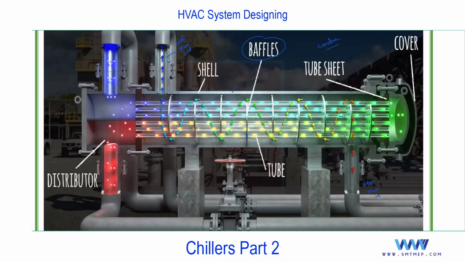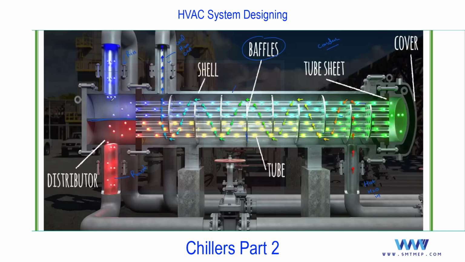So water goes in and out in the shell, and you can consider the refrigerant in here, and this we can consider as the refrigerant out, and the refrigerant will be in the tube, and here you'll find a divider.